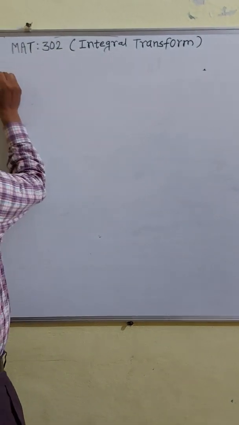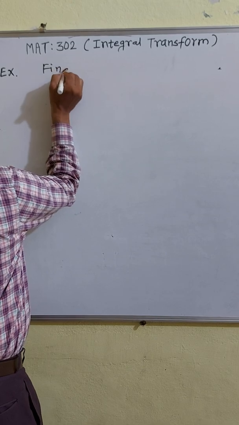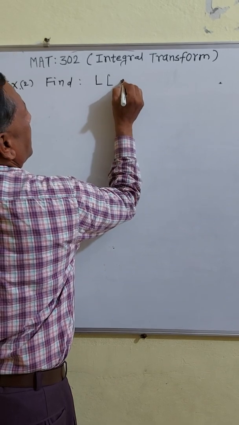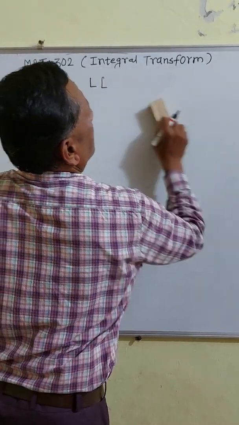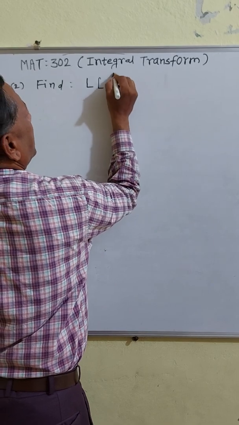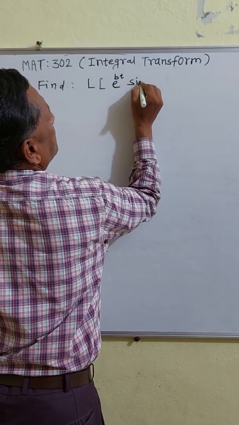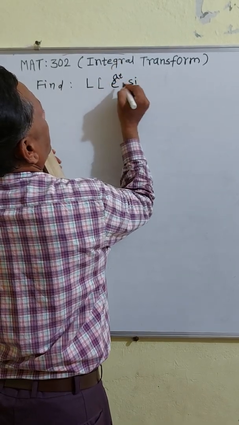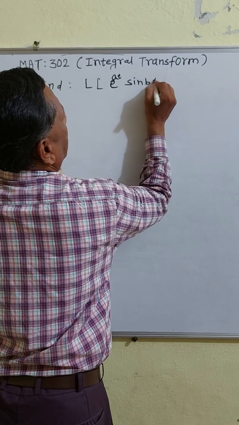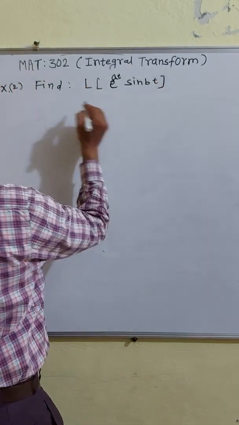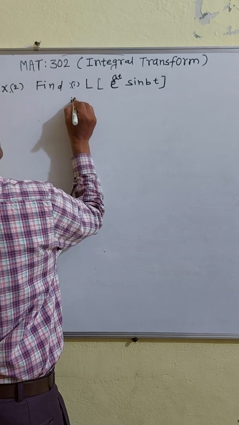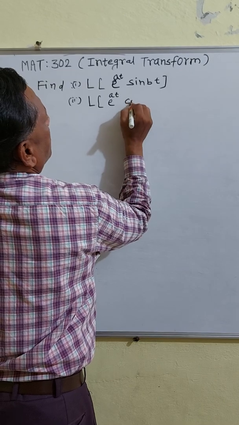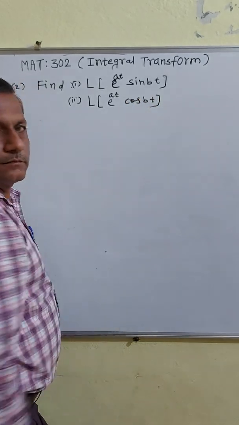Next example. Find number 1, Laplace transform of e raised to at into sine of bt. Number 2, Laplace transform of e raised to at into cos of bt.